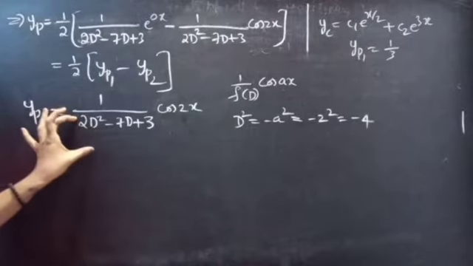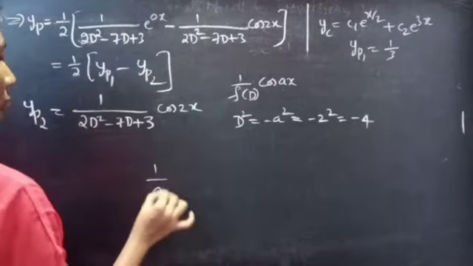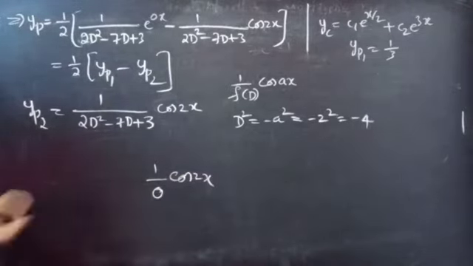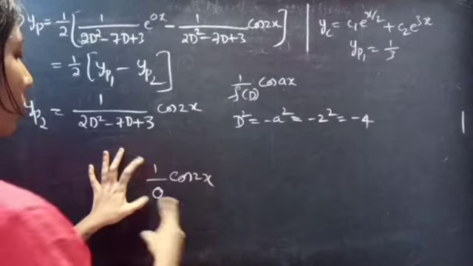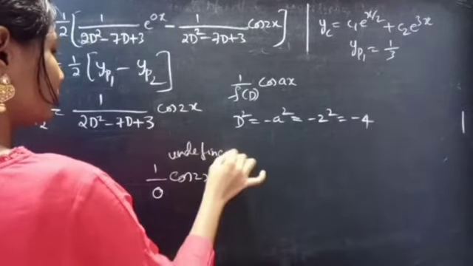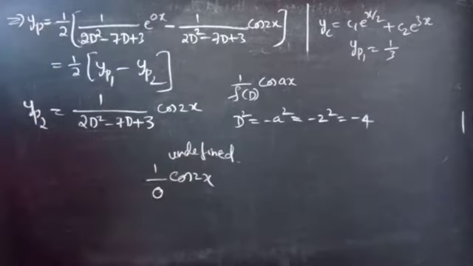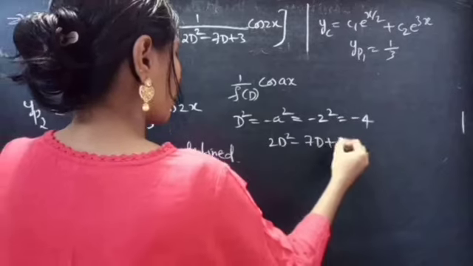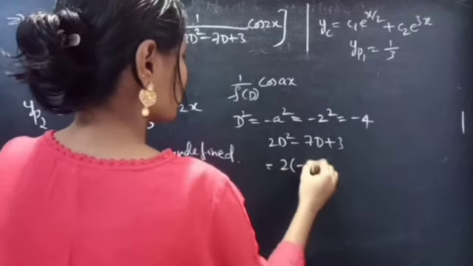The denominator must be non-zero. If the denominator becomes 0, we get something like 1 by 0 into cos 2x. Since 1 by 0 is undefined, the total term becomes undefined, right? So take the denominator part and replace D square by minus 4.